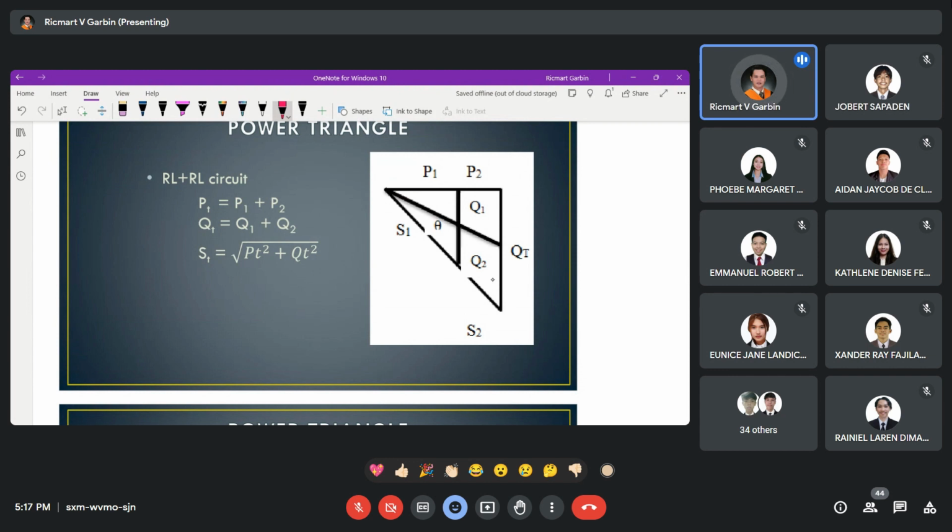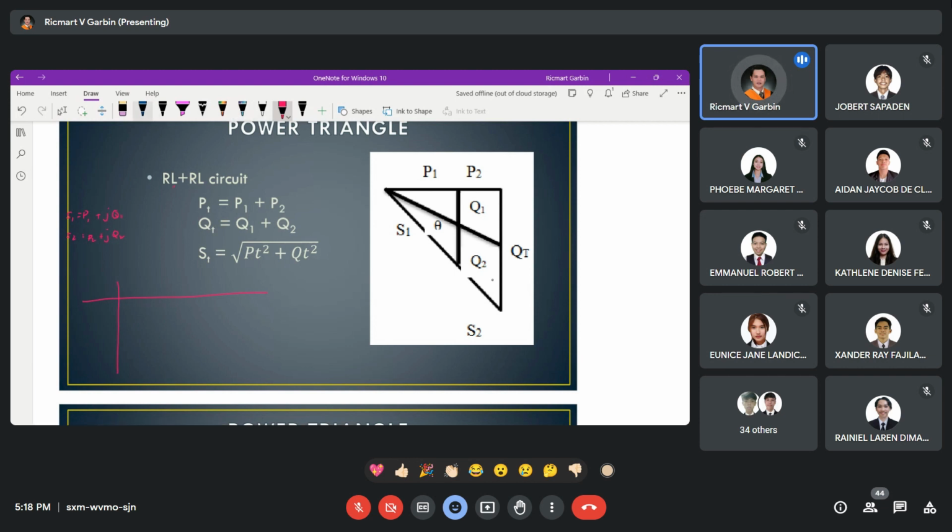Ang S1 ay equal to P1 plus jQ1. Tapos, ang S2 ay equal to P2 plus jQ2. Ang unang gagawin natin dyan ay yung unang ito.